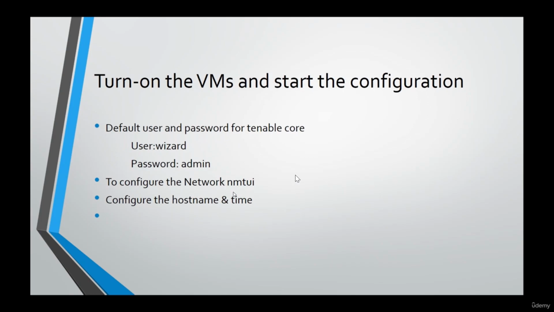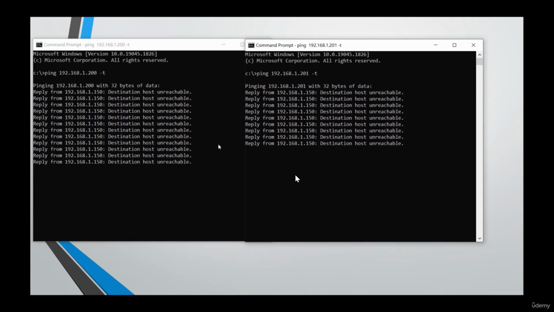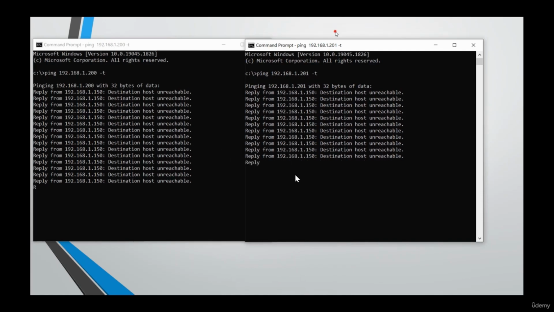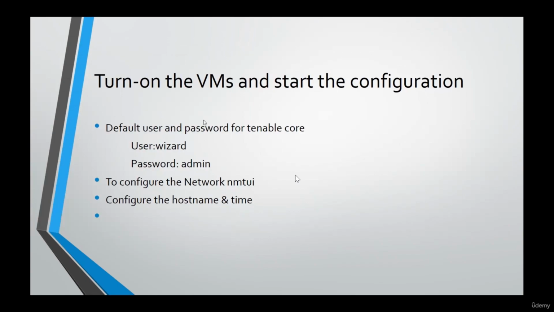Now everyone turn on your VMs. Make sure to configure the hardware resources correctly. I turned on my machines and I will use those IP addresses. As you can see here on my presentation, here's the default username and the password.